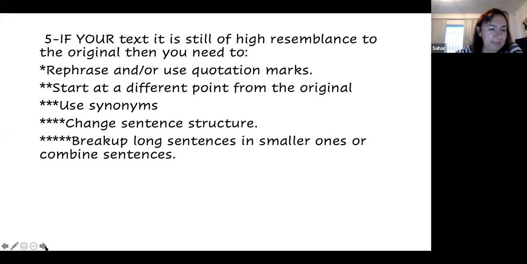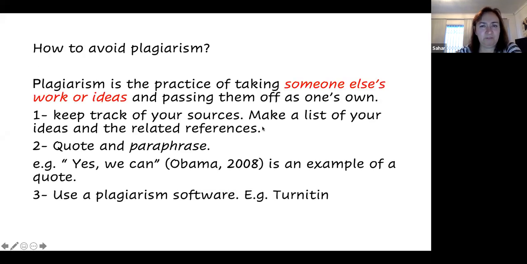Try to do that. And it's nice to use linkers when you talk about a topic, like moreover, furthermore, in addition, an increasing body of research suggests that. So there are linkers. Don't just state the facts one after the other. The paragraph will be a bit boring.